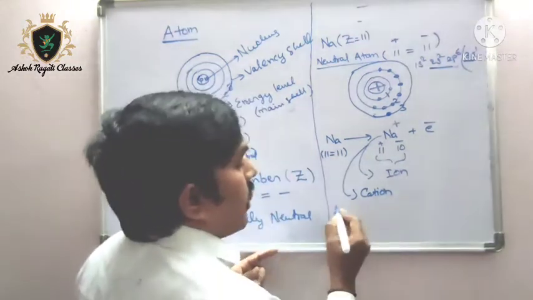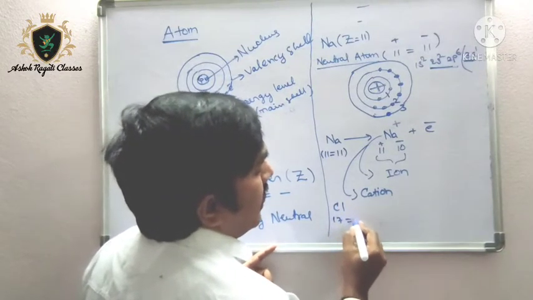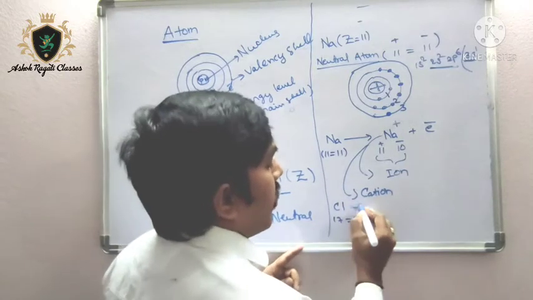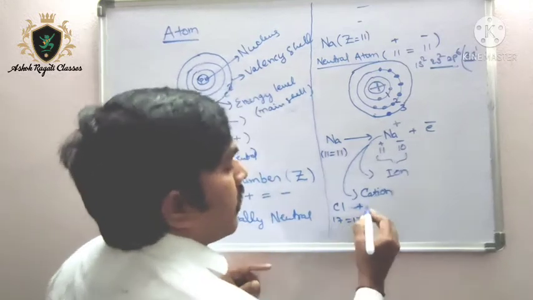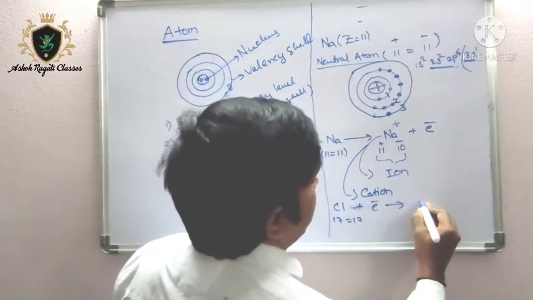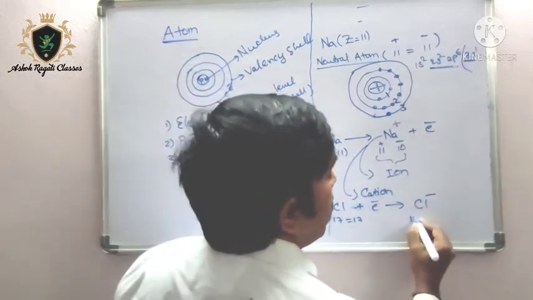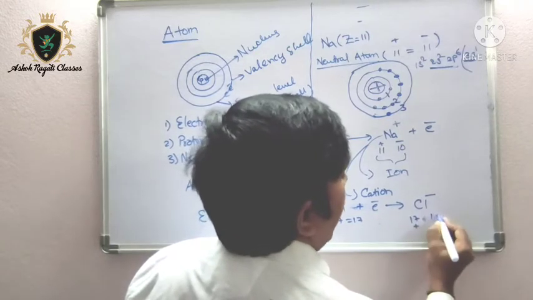Like that, take chlorine. Chlorine's atomic number is 17, so 17 protons equal 17 electrons. It needs 1 electron to become stable. By gaining an electron, the proton number is 17 and electrons are 18.